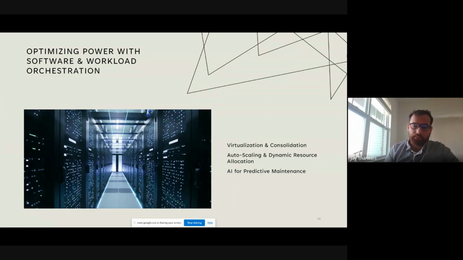And now you also have something called auto scaling and dynamic resource allocation. Someone wants 4 cores, the cloud provider gives them 4 cores. Now their application needs more compute resources, so they automatically scale it to 6 cores, more RAM, and it's dynamic.